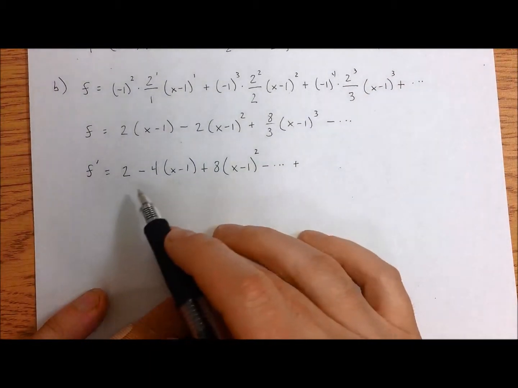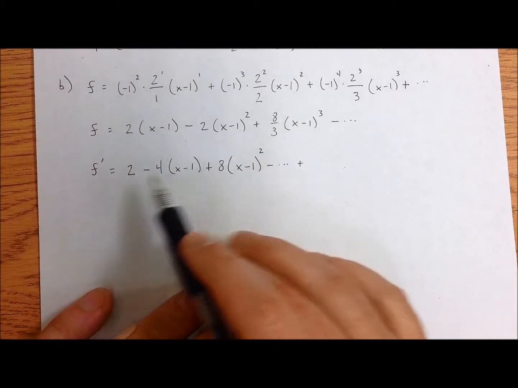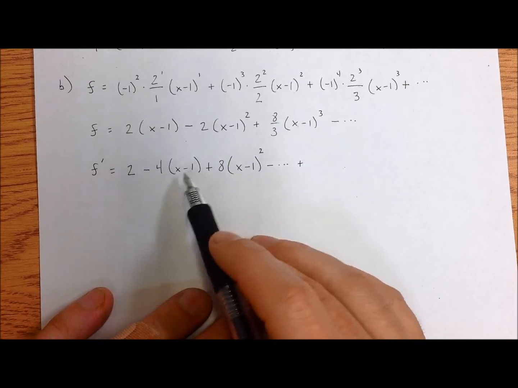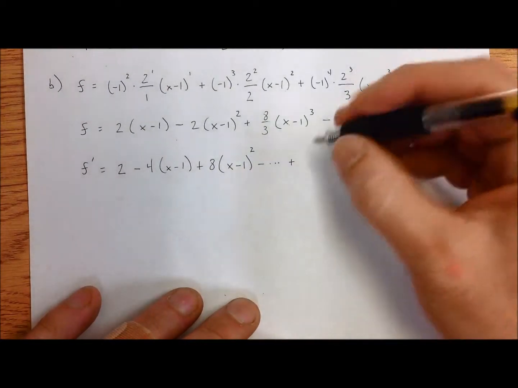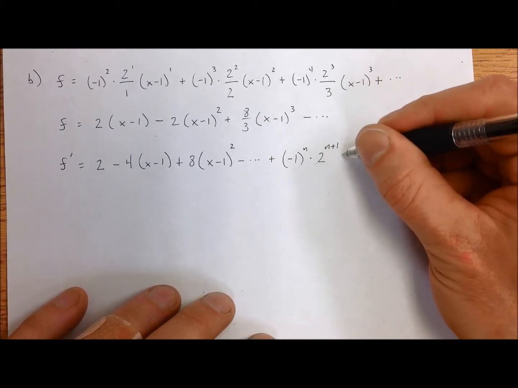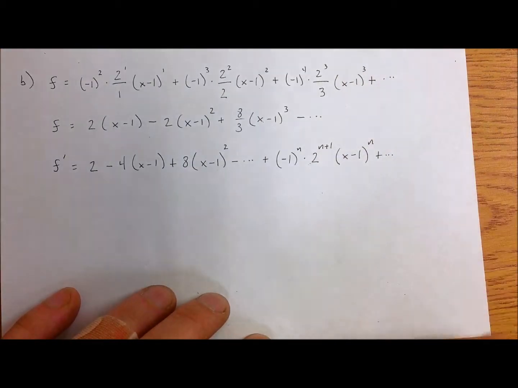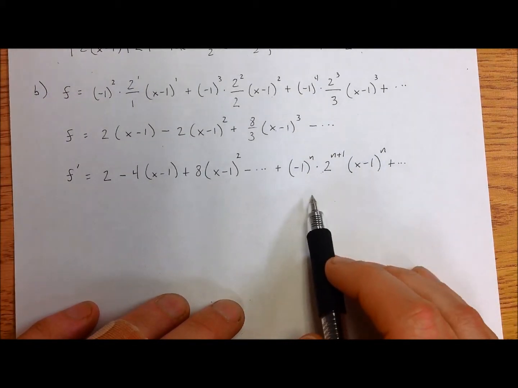At this point, I'm charged with finding the nth term, and this sure looks geometric. It looks like the first term is 2, and then you multiply by negative 2 times the quantity x minus 1 repeatedly. Again, you don't have to specify that you're starting at n equals 0.